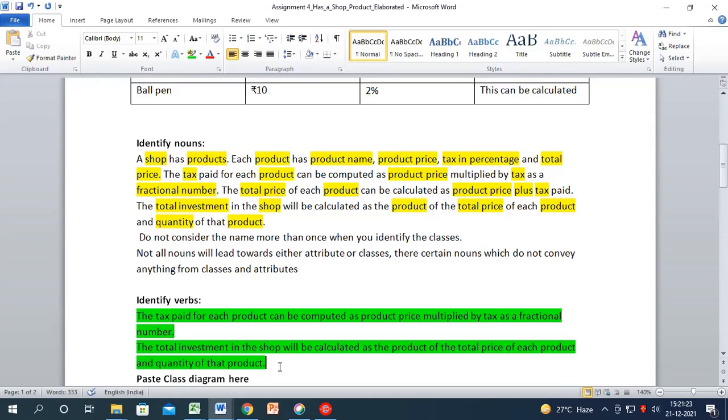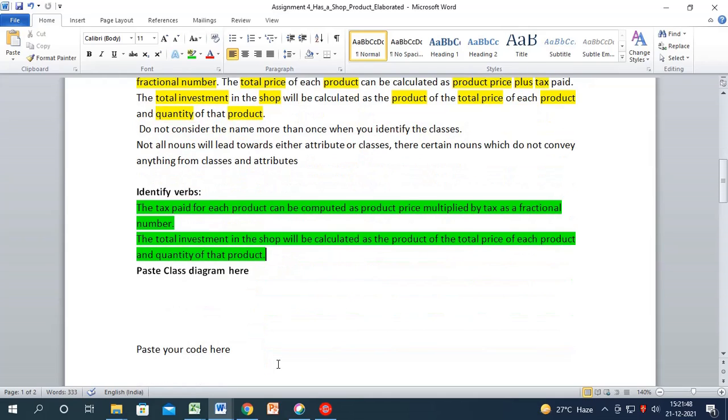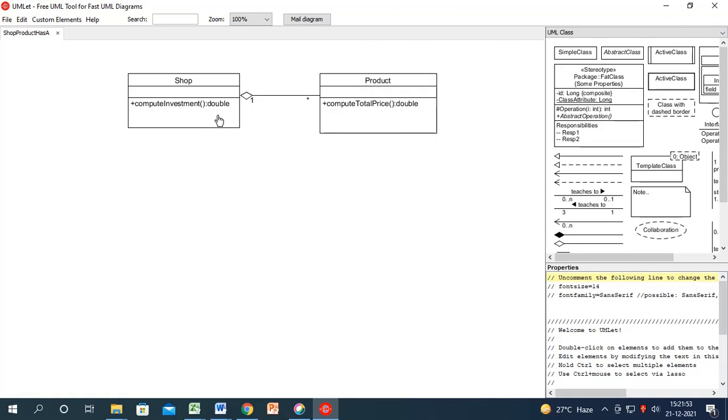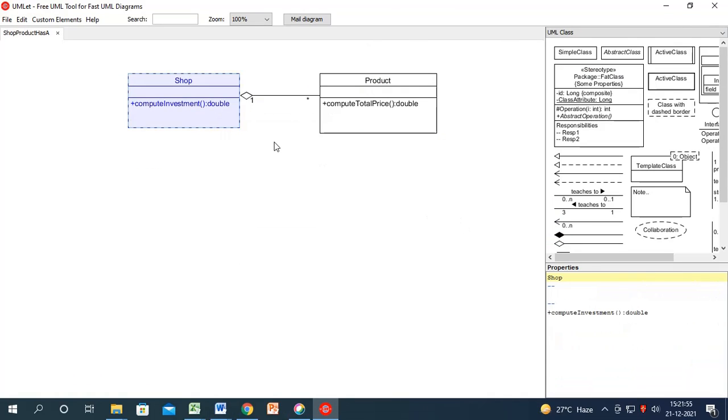Now what you have to do is, from the verbs and the concerned phrase around the verb, you have to come up with the behavior, and to whom you will be attaching the behavior, even that you need to identify, and then you have to go ahead with the class diagram. Now pause a while and complete this in your notebook with pencil and rubber, then go ahead for the pasting of class diagram. Now you have a class diagram which is here.